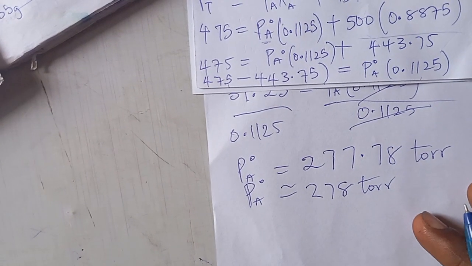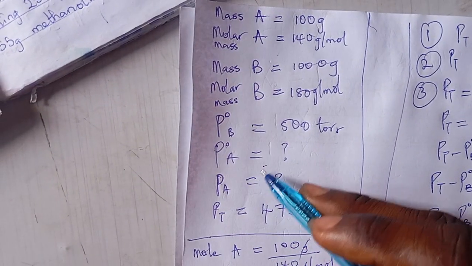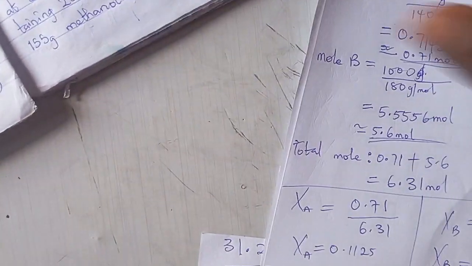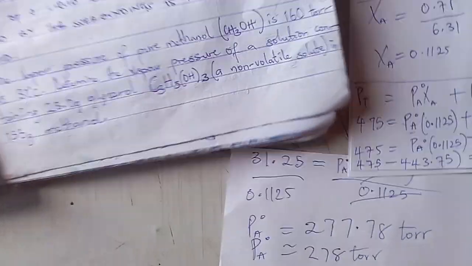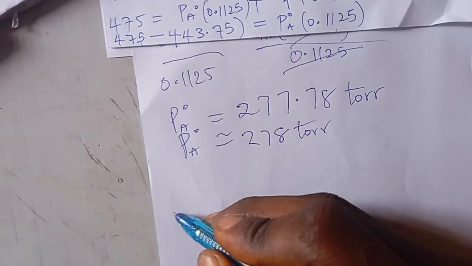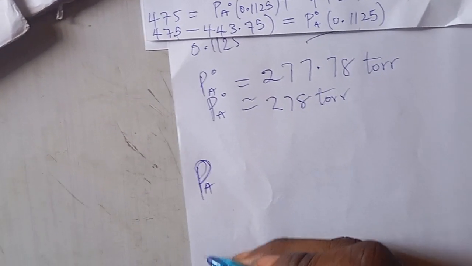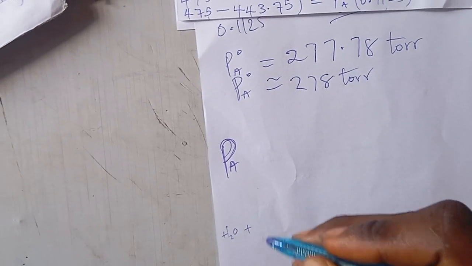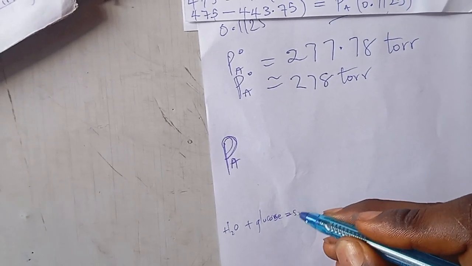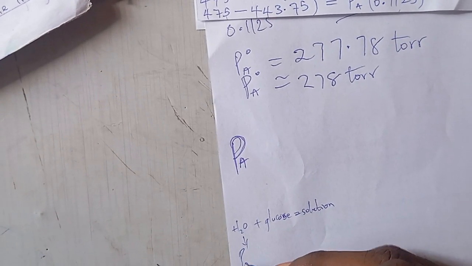Now remember, the question said that we should find two things: the pure vapor pressure and the pressure of A due to the solution. I told you in my last class that Raoult's law states that PA is the vapor pressure. For example, if water and glucose are mixed to form a solution and they ask me to find the vapor pressure of water, the one they are talking about is PA.